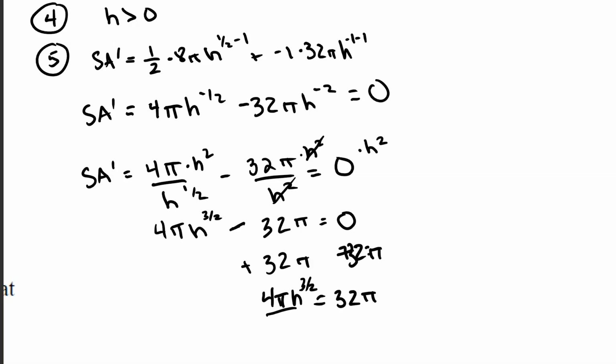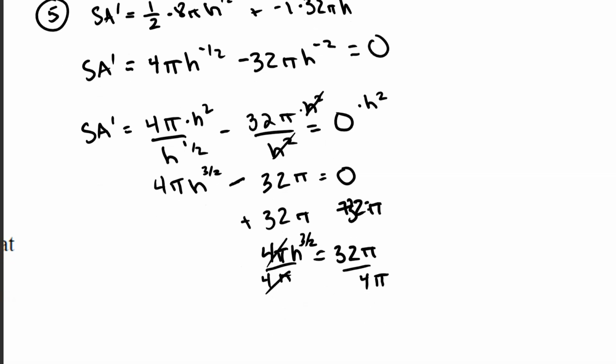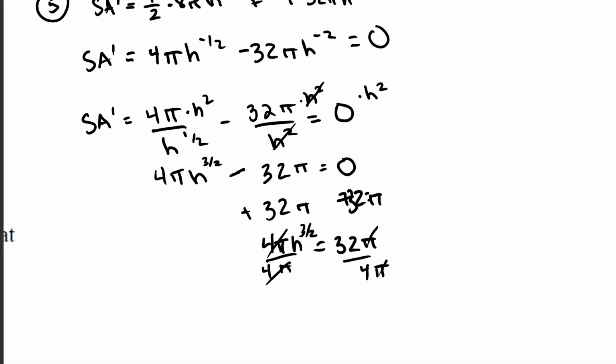All right, divide both sides by 4 pi. So those guys get out of town. Pi gets out of town. We have h to the 3/2 equals 32 divided by 4, which is 8.